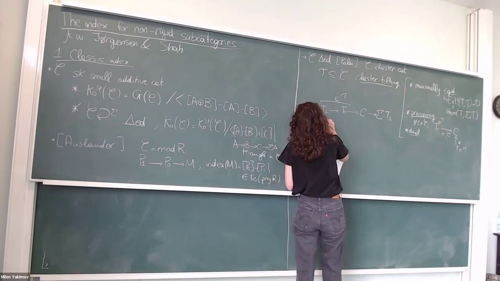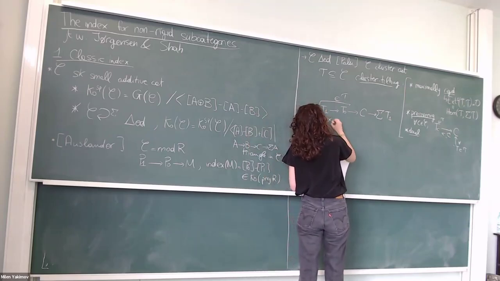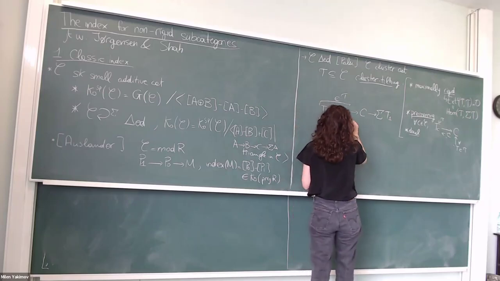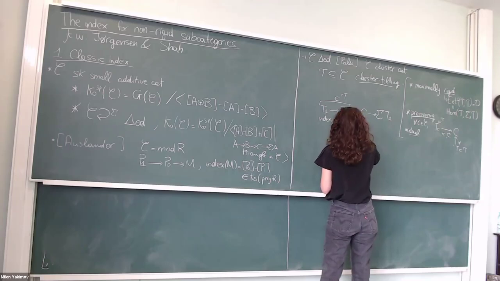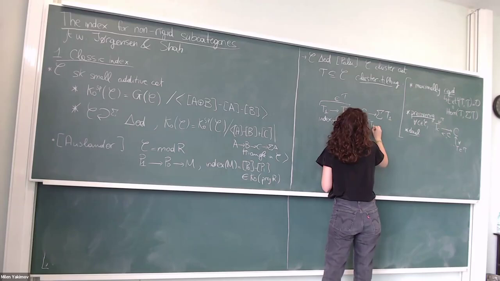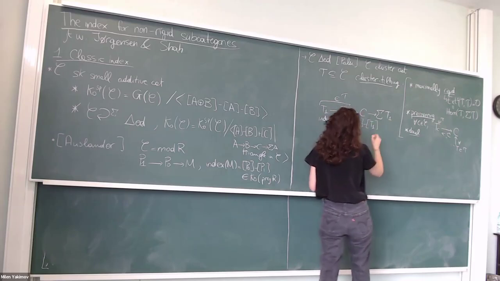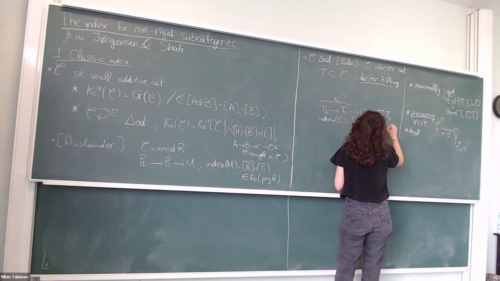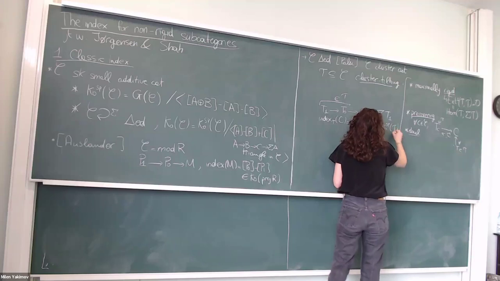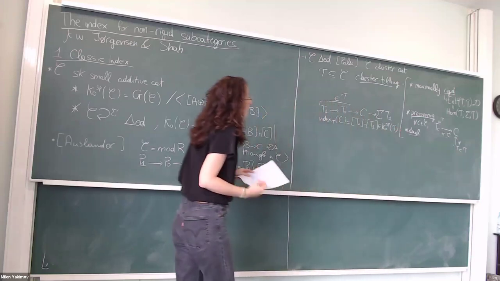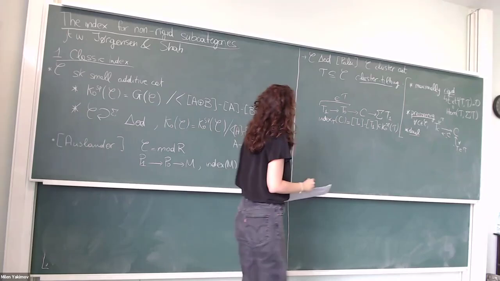And then the index of C with respect to my fixed cluster tilting subcategory is going to be like before, sort of, where instead of projectives, I use objects in T, and this is in K_0 split of T this time.